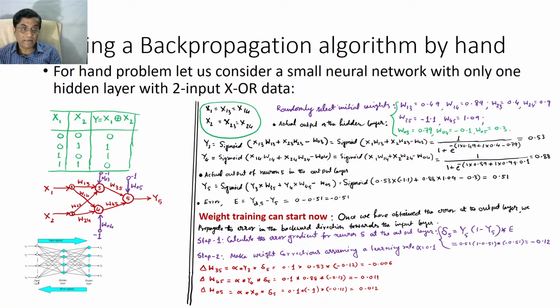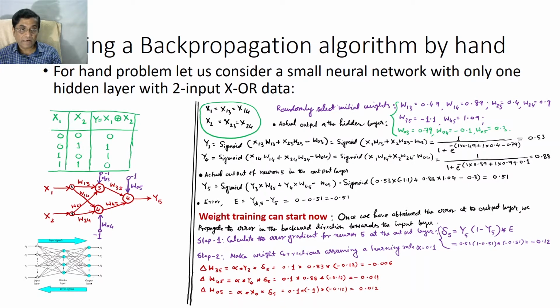So in this generalized neural network, n is the number of neurons in the input layer. They are two, so n equals 2. The hidden layer is only one, and in this hidden layer there are m neurons, so m equals 2.